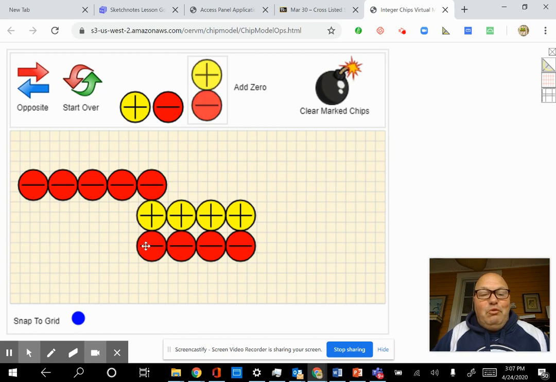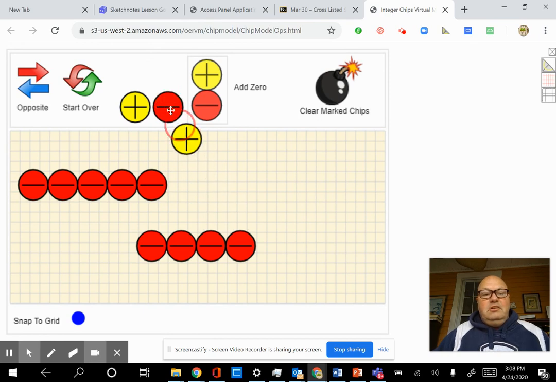So we want to take away 4. Here we go. Take away 1, 2, 3, 4. And what do we have here? We have negative 5 minus 4 equals negative 1, 2, 3, 4, 5, 6, 7, 8, negative 9. Negative 5 minus 4 equals negative 9.